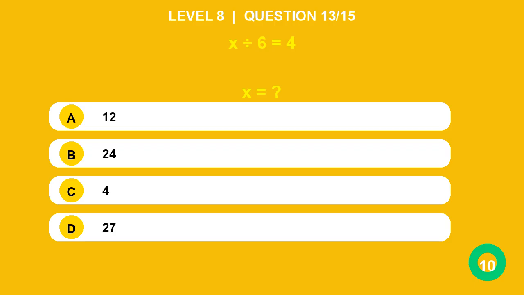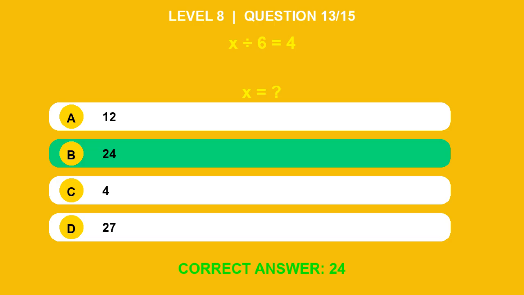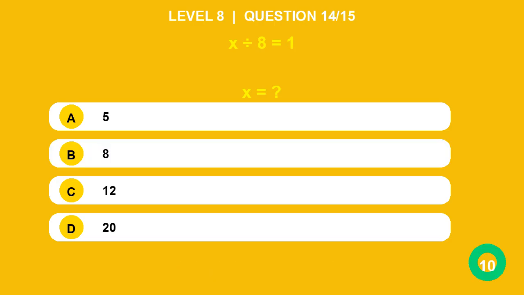X equals? Answer is 24. X divided by 8 equals 1. X equals?